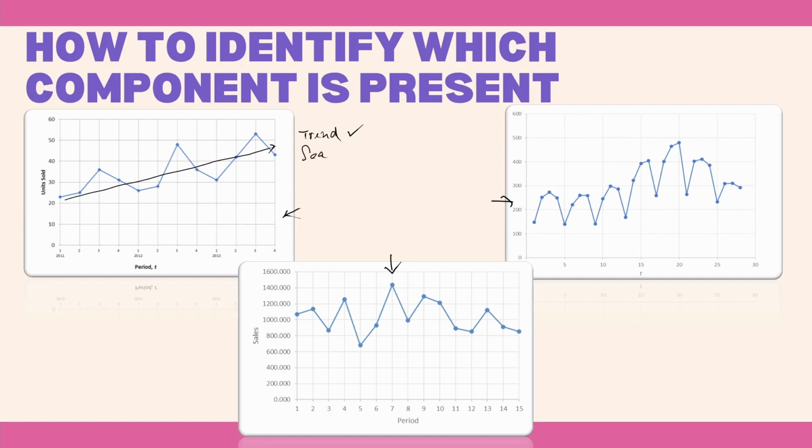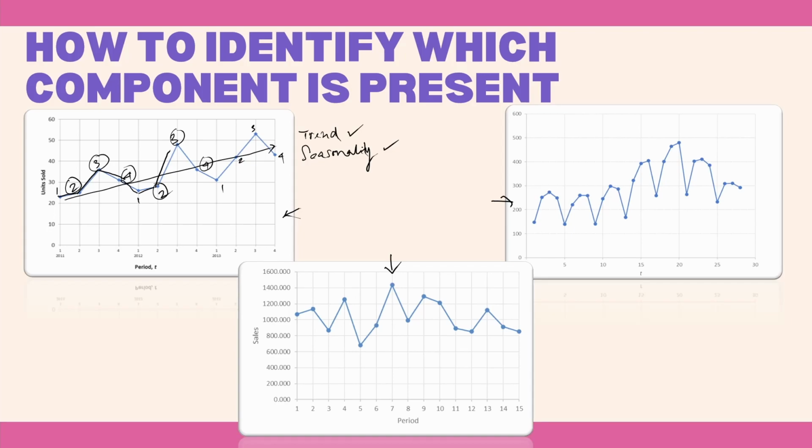Seasonality is also present here very clearly, because the nature of the time series is repeating itself after a certain period of time. See, this is 1 2 3 4, then again 1 2 3 4, then again 1 2 3 4. So 3 and 3 are similar, 2 and 2 are similar, 4 and 4 are similar. In this way, the nature of the series is repeating itself within 1 year.